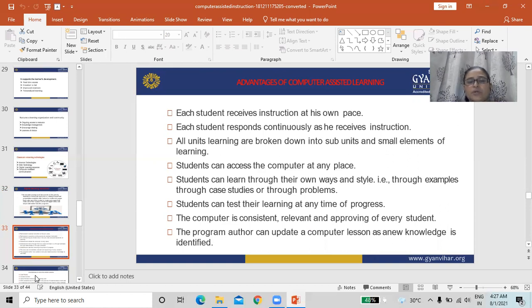The computer is constant, relevant, and provides for every student. The program author can update a computer lesson as new knowledge is identified.